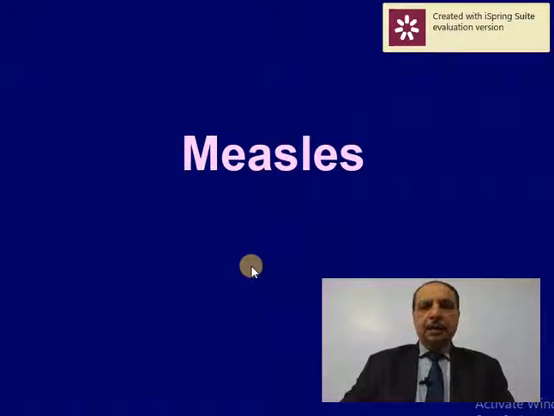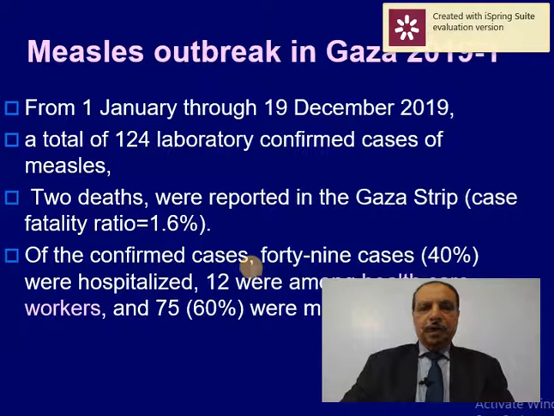Now we will start by measles. To start by measles, really for a long time we didn't see measles cases in Gaza, but there was an outbreak. This outbreak was last year, in 2019, and this information I got from the WHO.